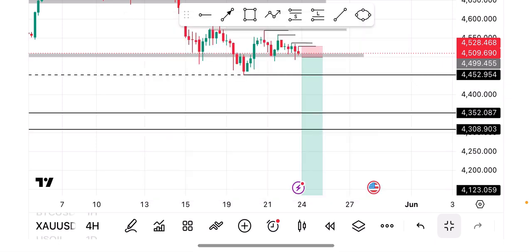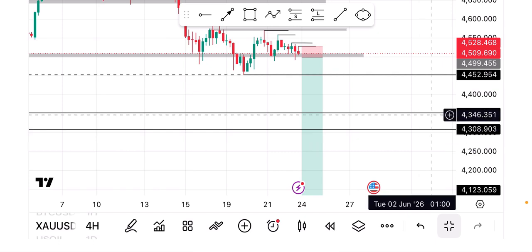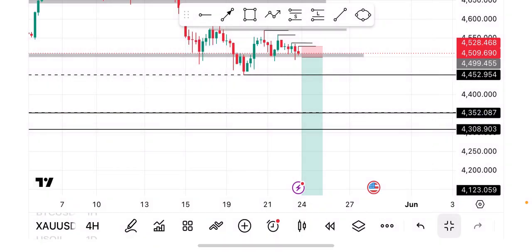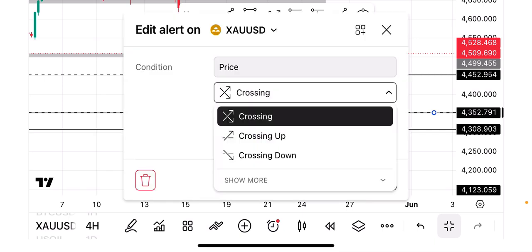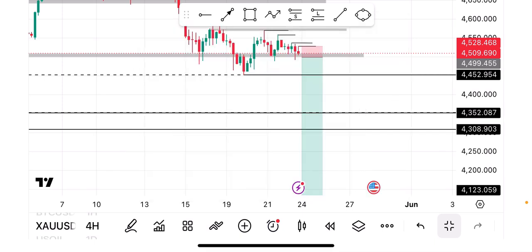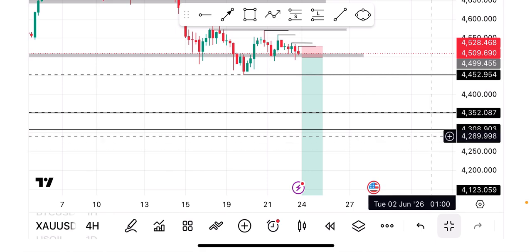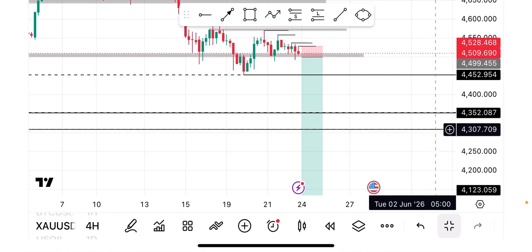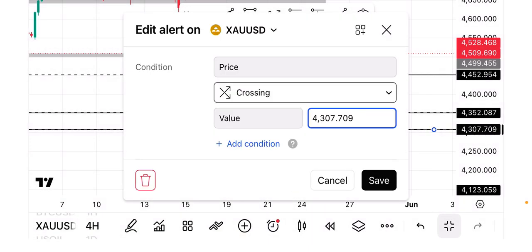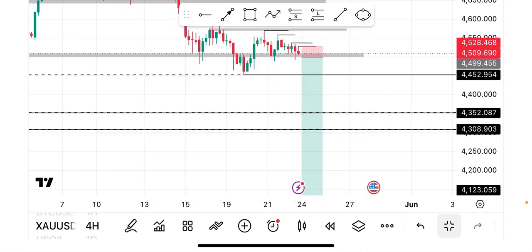So each time the price gets to that level, you get a trigger, and then you know the price is at that level, and you want to monitor the market to see what's going on, to see if you want to take your profit or continue holding. So you want to set your alert at your TP zones and just continue holding.